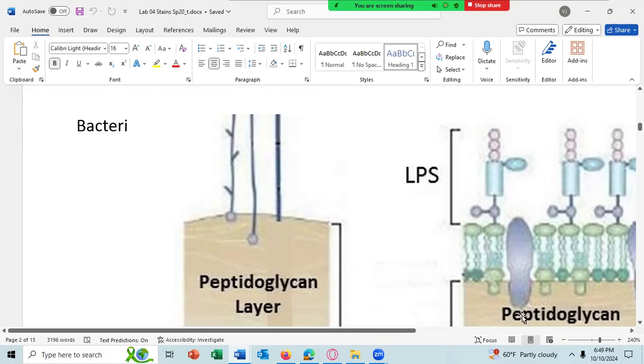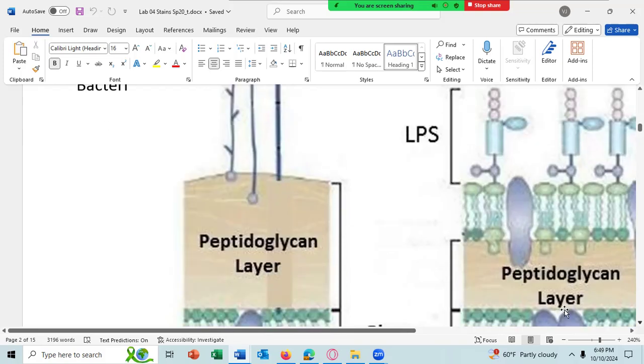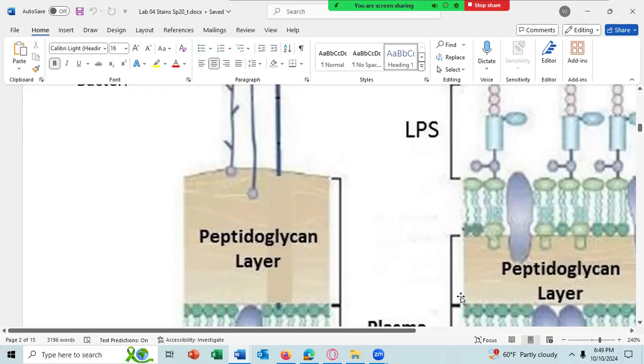And here we got a thick peptidoglycan layer, but it's much thinner than there. And this could be, I don't know, 15 to 20 layers of peptidoglycan there. But it's much thinner, the gram-negative cell peptidoglycan, than the gram-positive cell peptidoglycan.